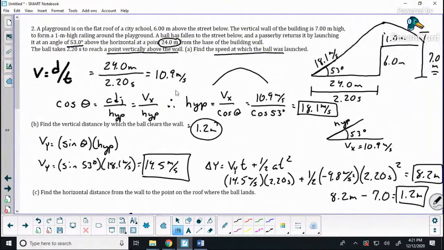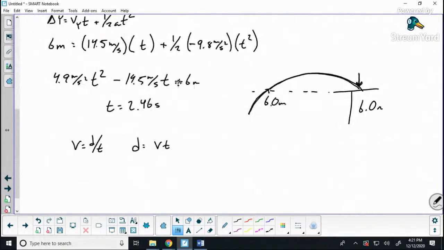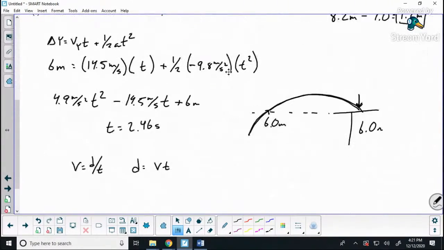So I'm looking at this distance, and I'm wanting to know how far it is. So this is velocity in the x, and that's where my mind went blank on me for just a moment, so my apologies.